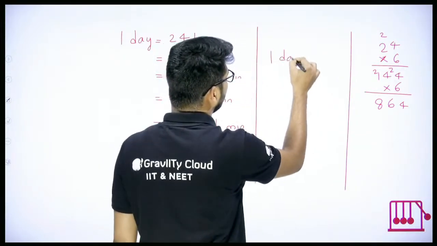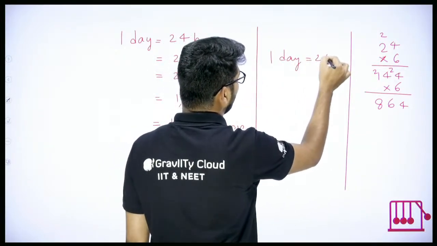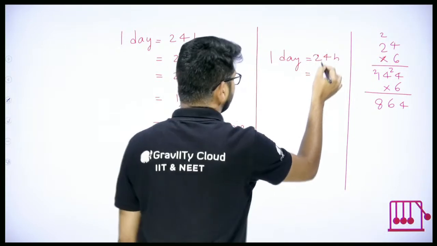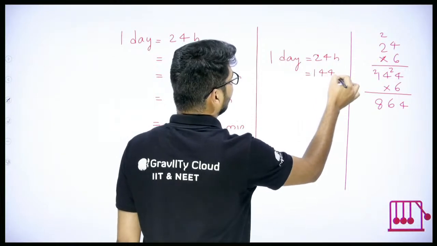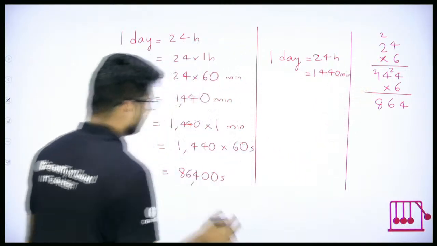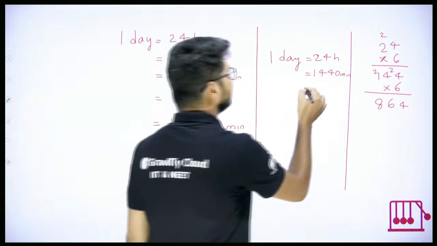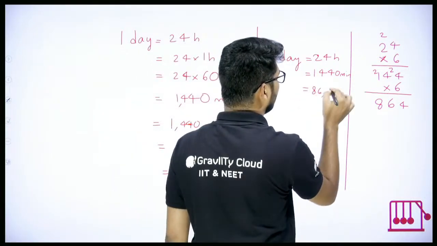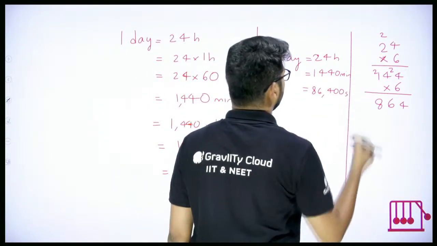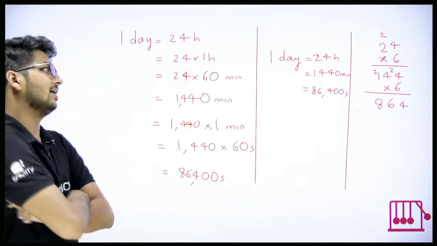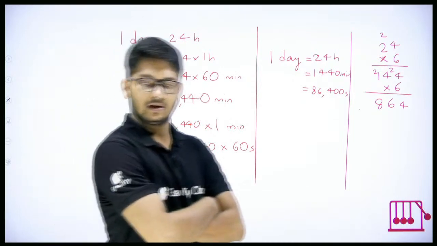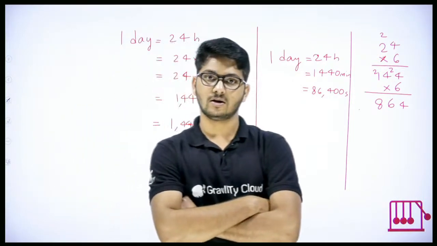That means 1 day is equal to 24 hours. The same 1 day is equal to 1440 minutes, and it is also equal to 86,400 seconds. Clear? Good?